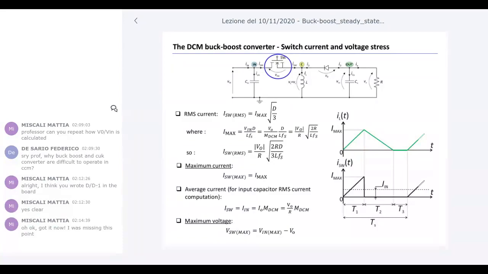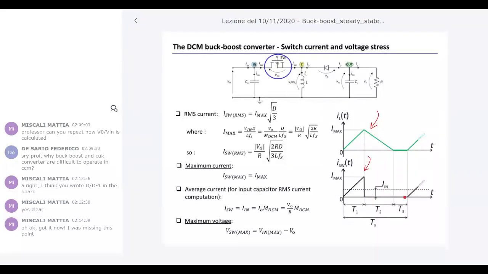For example, for the switch, the current is simply the current through the inductor when the switch is on. So if this is the current through the inductor, IL, the current through the switch is simply IL during T1, and null when the switch is open, so during T2 and T3 there is no current. So you have this, say, triangular current.